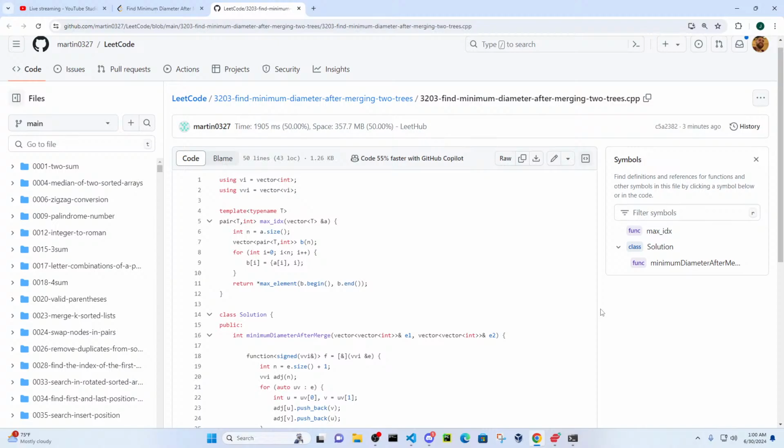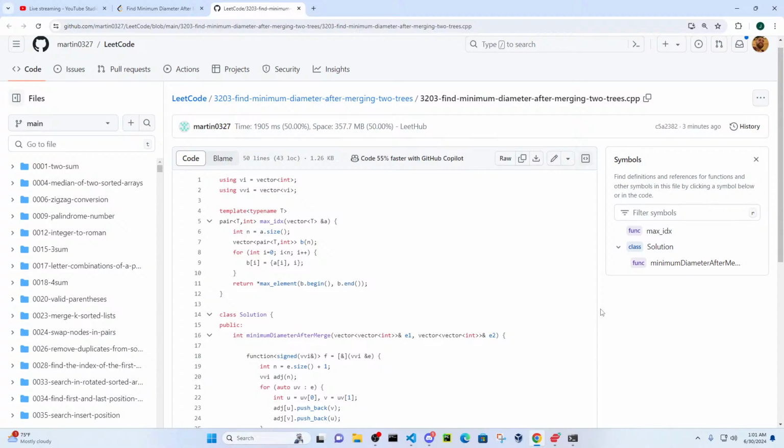So your radius could be diameter divided by 2 or diameter divided by 2 plus 1, right? So it could be at most (diameter plus 1) divided by 2. So suppose the diameter of your tree 1 is d1 and the diameter of your tree 2 is d2, then another candidate for the answer is (d1 plus 1) divided by 2 plus (d2 plus 1) divided by 2 plus 1. So that's your third candidate.